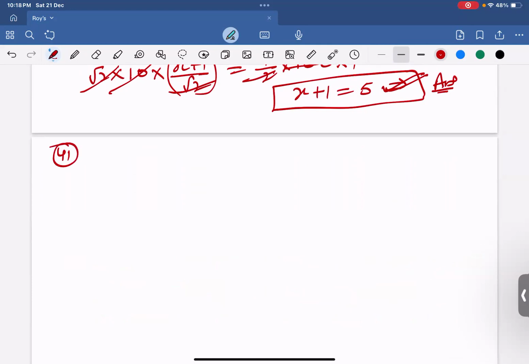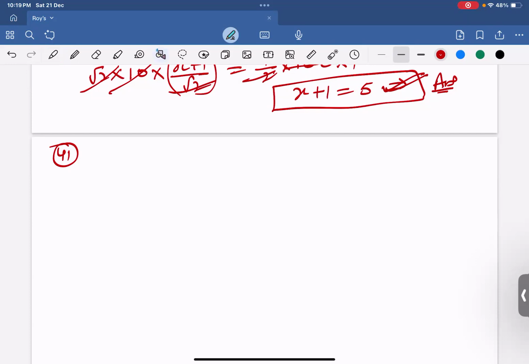A ball is dropped from height h on a horizontal floor. If it loses 60% of its energy on hitting the floor, then what height will it rise to after the first rebound?